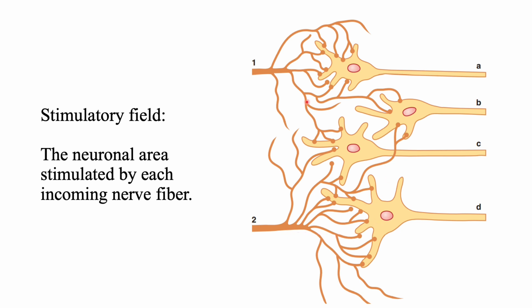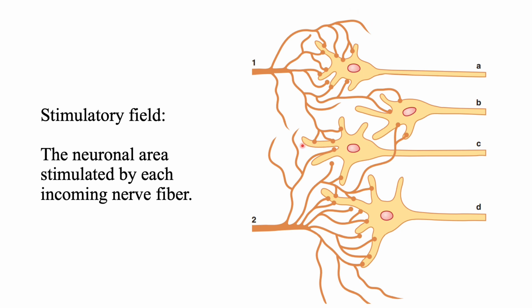The area in which this neuron will act on the postsynaptic neurons is called the stimulatory field of this neuron.